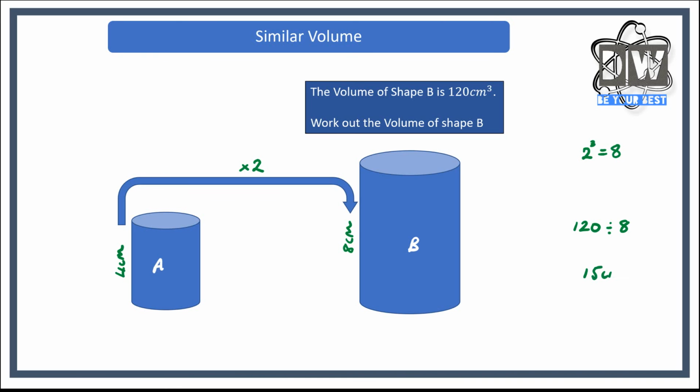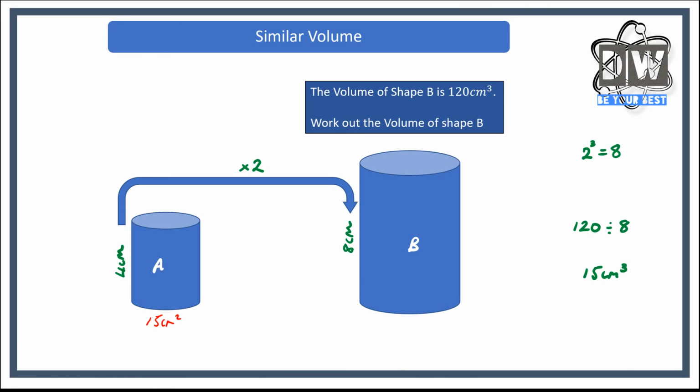And the answer is 15 centimeters cubed. We know that's correct, because let's say this was 15 centimeters cubed, and I didn't know what this one was. What would I do? I would take my 15 centimeters and I'd times it by 8, and that would give me 120. So I'm obviously doing the opposite there by dividing it. And it really is as simple as that.